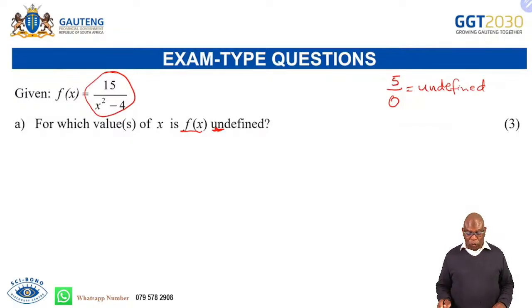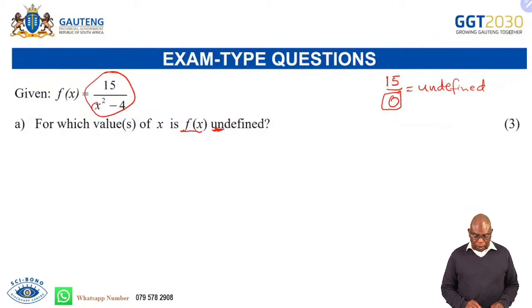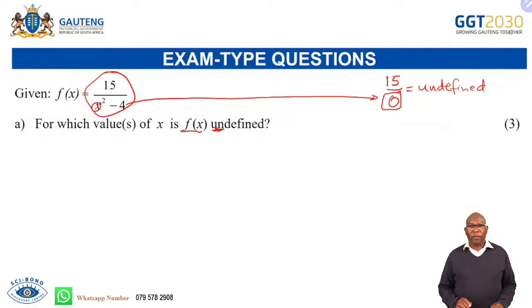So in this case, we will say the 15 cannot be divided by 0. But which numbers must I put on x to make the denominator 0? Which means I must say this value here equals 0.